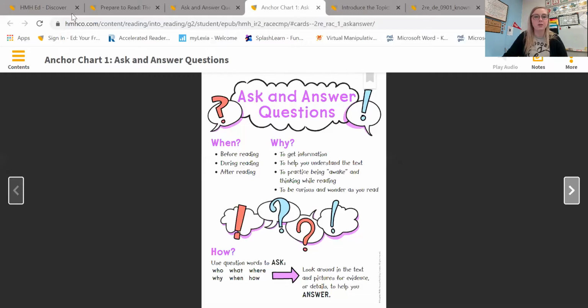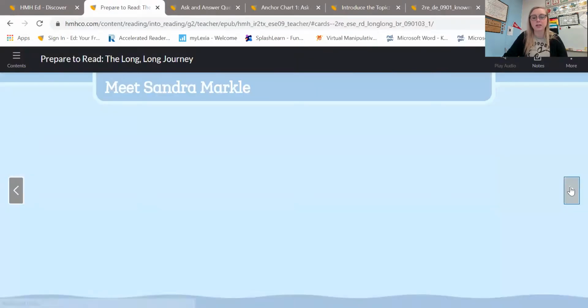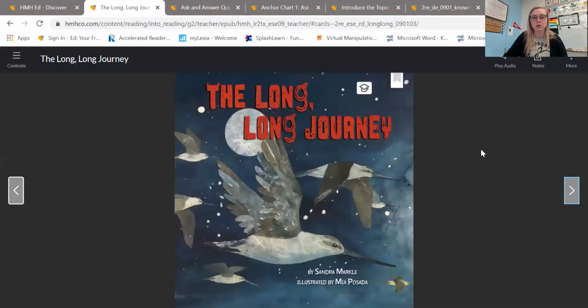Again, let's look at our story. I'll show you the title page. The Long, Long Journey by Sandra Markle. This is our main focus this week.